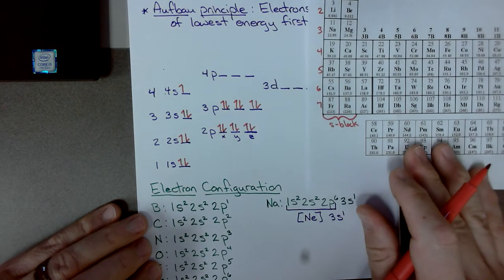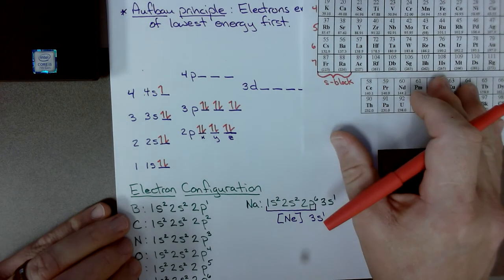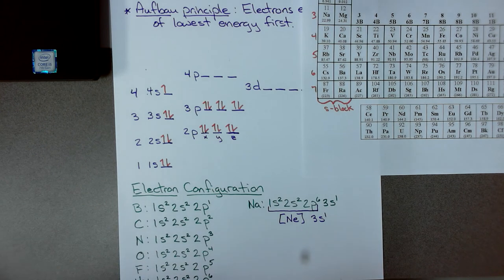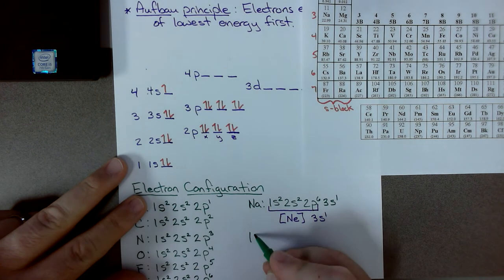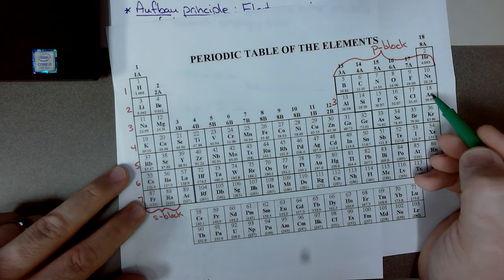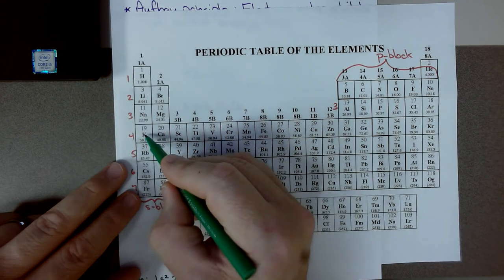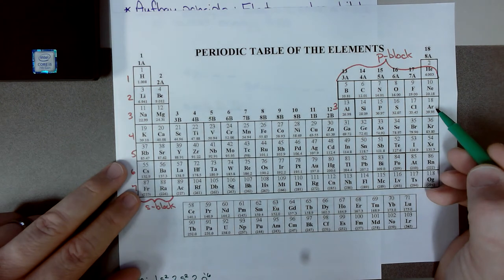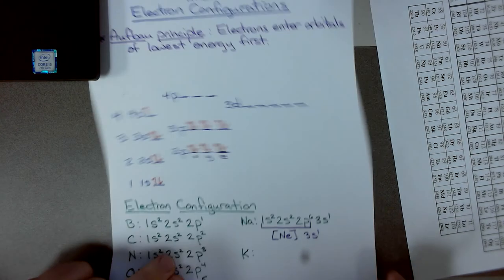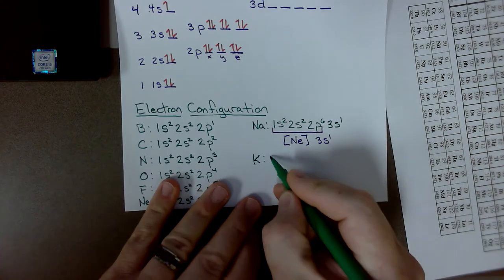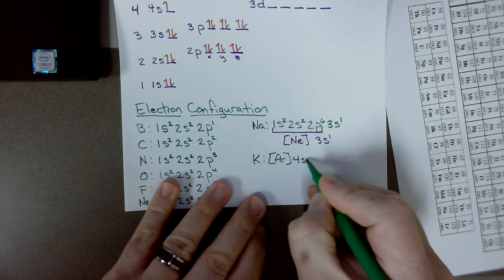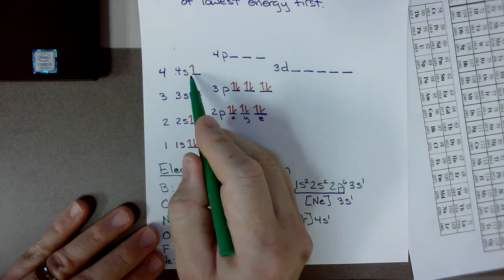So if I look at this, and I'm just going to write the electron configuration for potassium, remember I already have a filled energy level here at 18. So when I'm looking at potassium, I can use argon to represent all the other filled energy levels. So I would write argon 4s1. So that would be potassium.